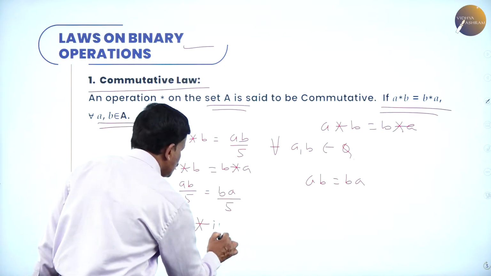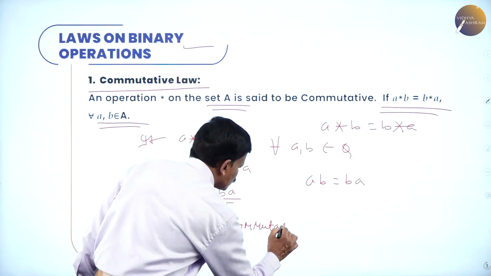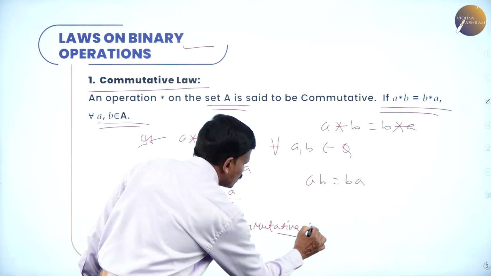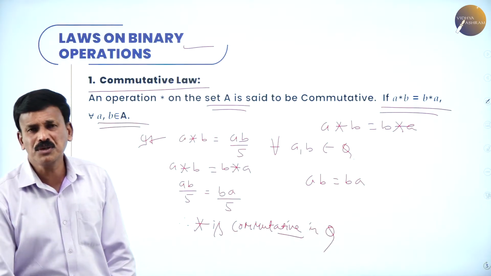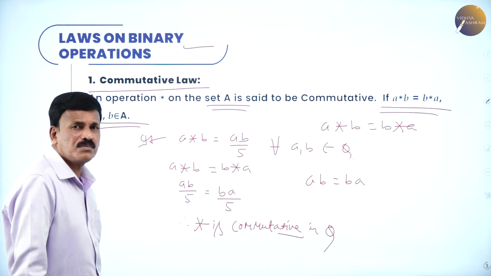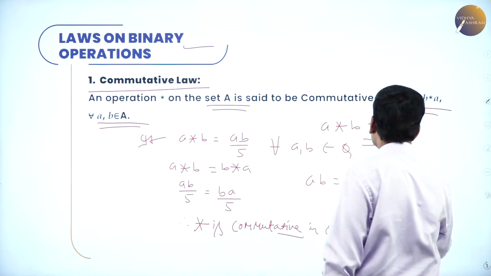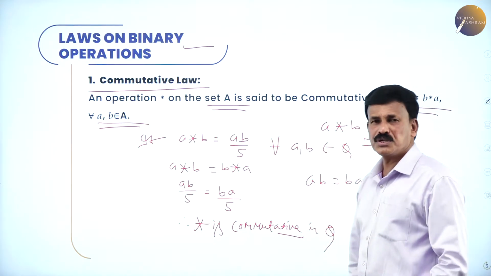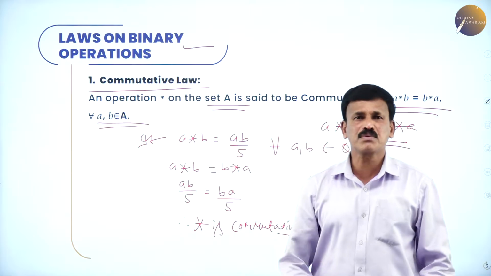Therefore, star is commutative in Q. So A star B is equal to B star A, then star is said to be commutative. Commutative property holds good.